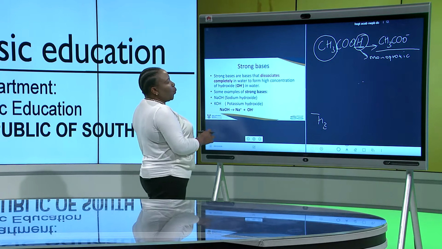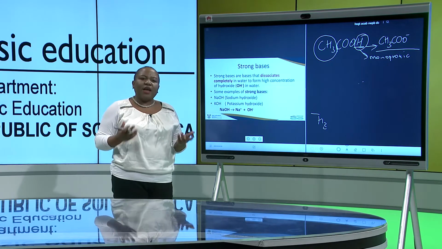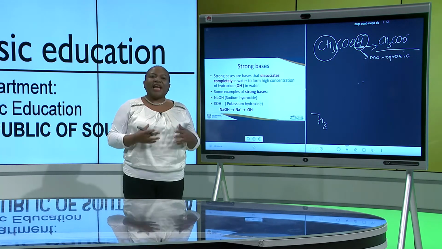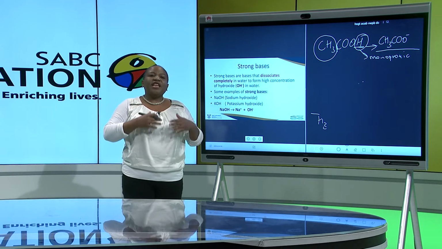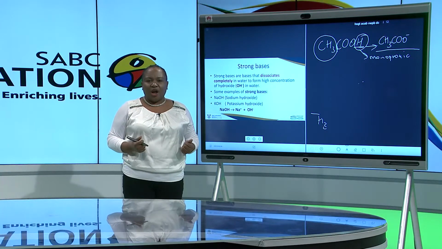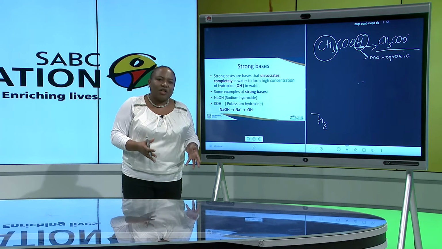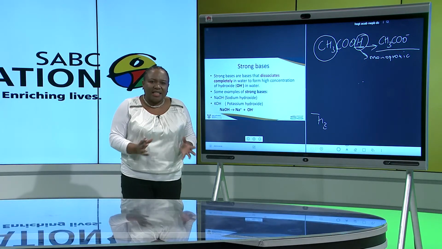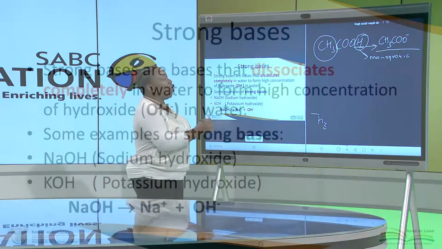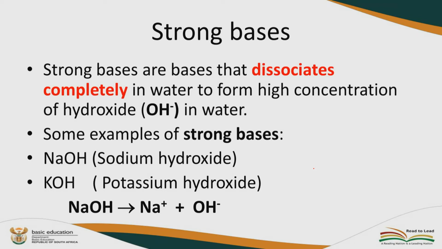Now, let's look at strong bases. Unlike weak acids, strong bases are fully ionic, so they need not ionize in the reaction. Immediately when you put the strong bases in water, they just dissolve into their ions. So we don't say strong bases ionize, we say strong bases dissociate. They do not ionize.